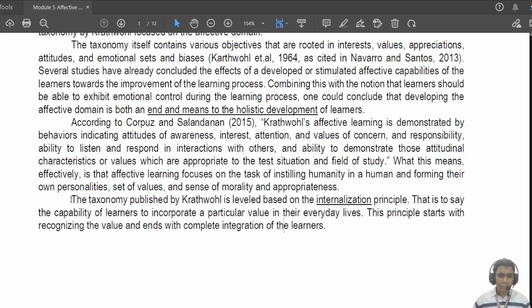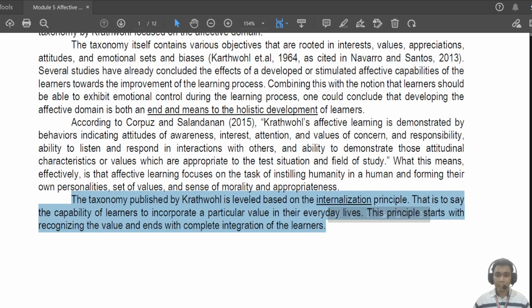And we note that the taxonomy published by Krathwohl focuses on the internalization principle. When we say internalization, this is how you integrate a particular value in your everyday life, regardless kung meron nanonood o wala. So, some of us, minsan meron tayong value na thriftiness, right?